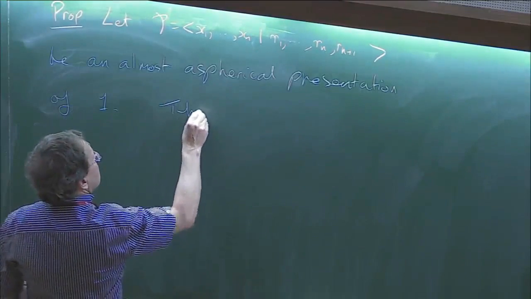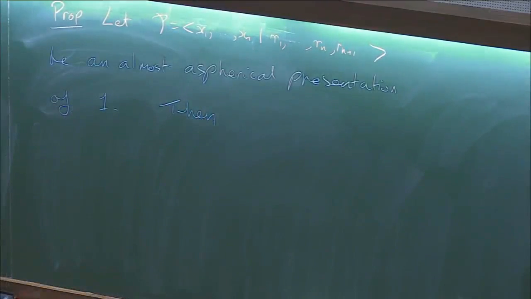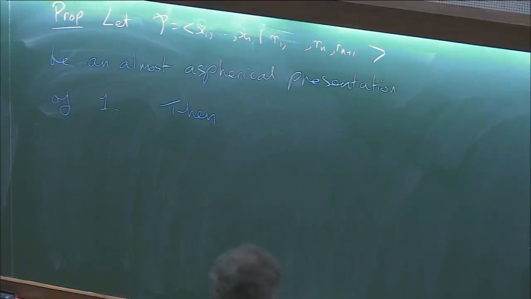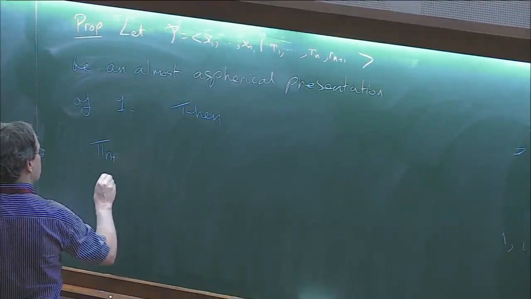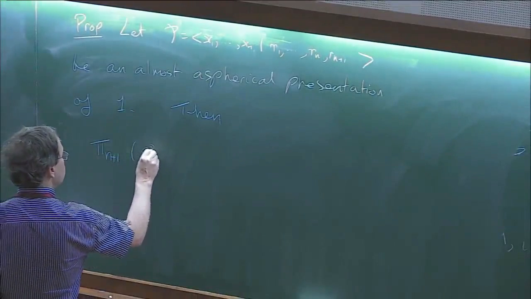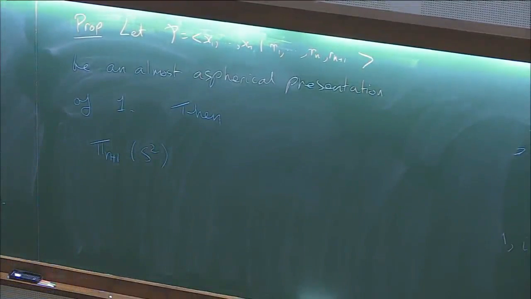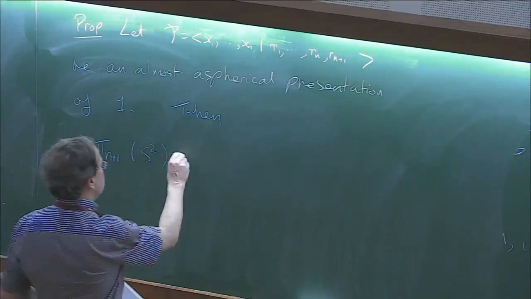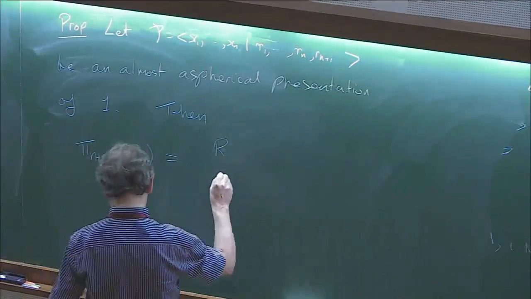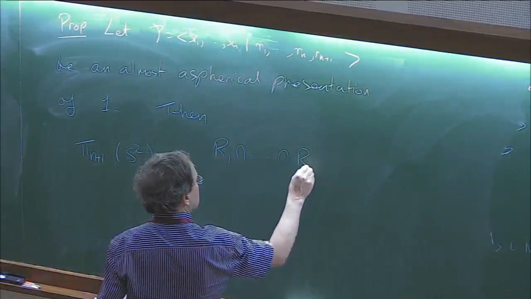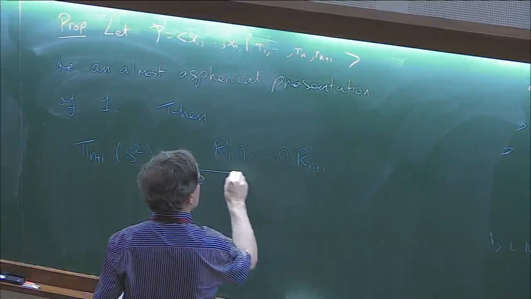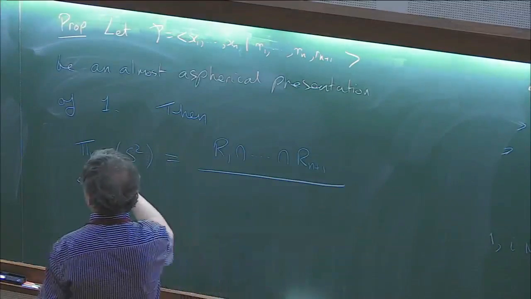Then, again, so that I get the formulae correct, one can find that the n plus first homotopy group of the two-sphere, which is an object of interest, can be described by, again, an intriguing formula, the intersection of these Ri's divided by the same thing here.